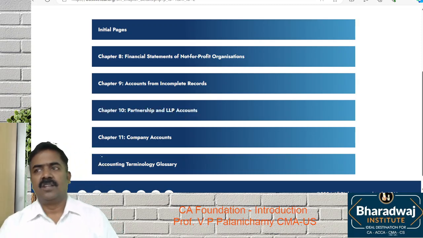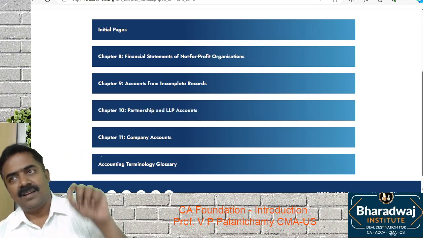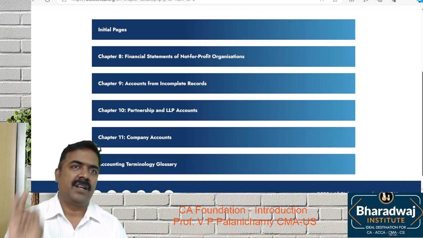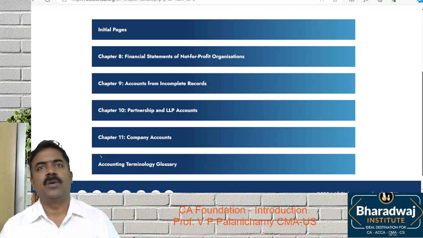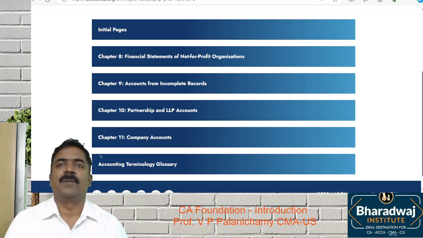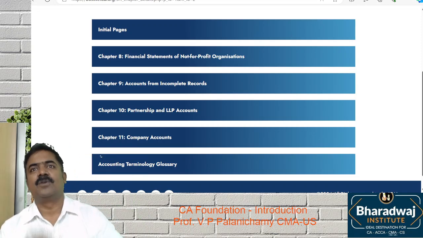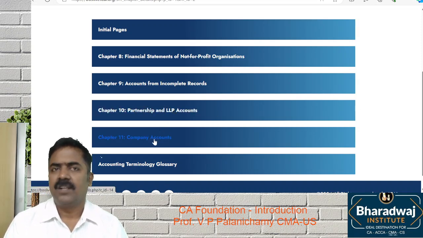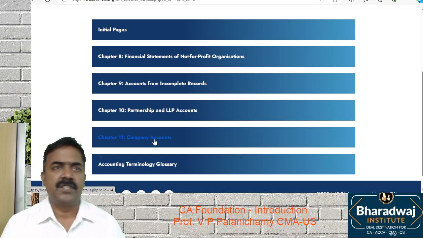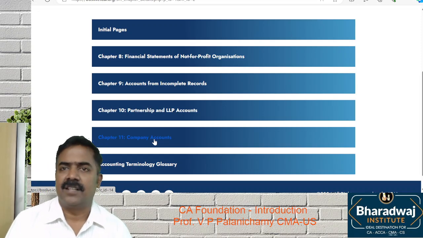Partnership accounts, from beginning till end of partnership: admission, retirement, death, dissolution. If a firm is closed, how they sell assets one by one and distribute. When two firms amalgamate, what to do. When a firm is sold to a company, what to do, like that. All the partnership accounts are being covered. Company accounts, accounting for shares, debentures, certain redemptions, etc.